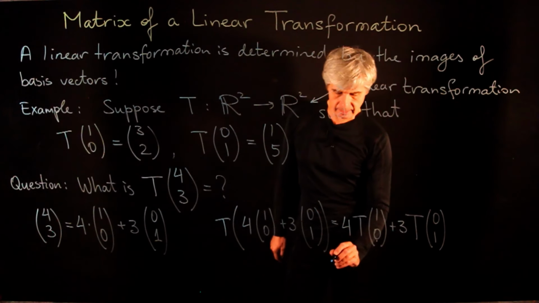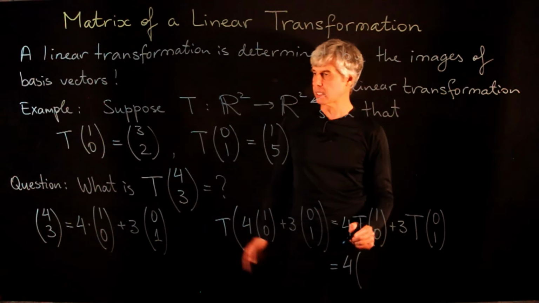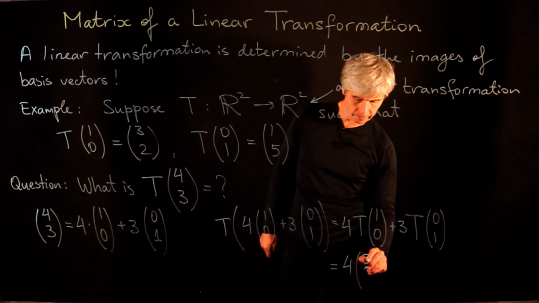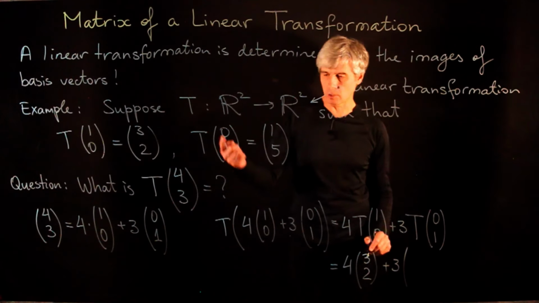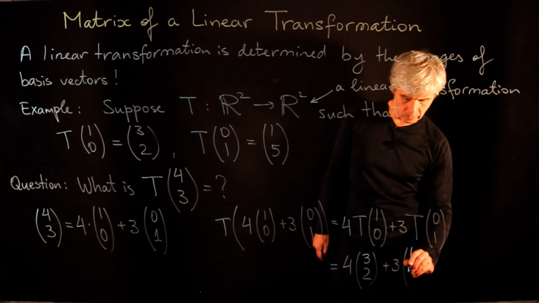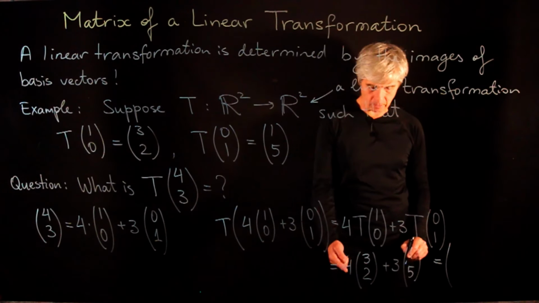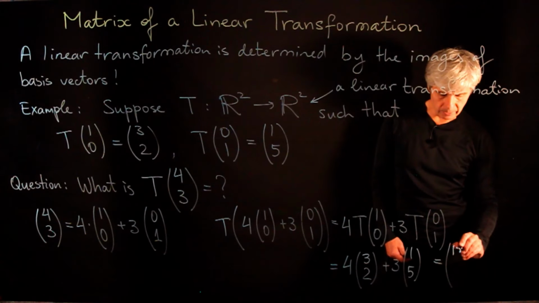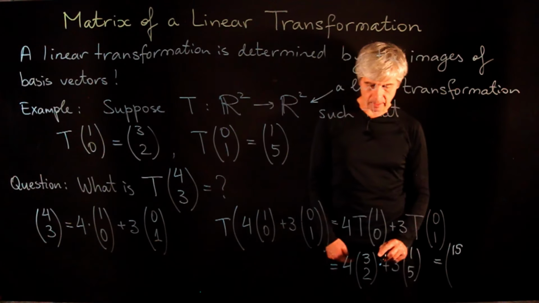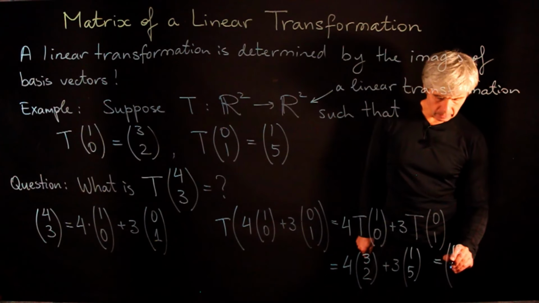So here we're going to get 4 times the image of (1, 0), which is (3, 2), plus 3 times the image of (0, 1), which is in this case (1, 5). And then we calculate the answer. In the first component, it's 12 plus 3, so that's 15. And in the second component it's 8 plus 15, that's 23.